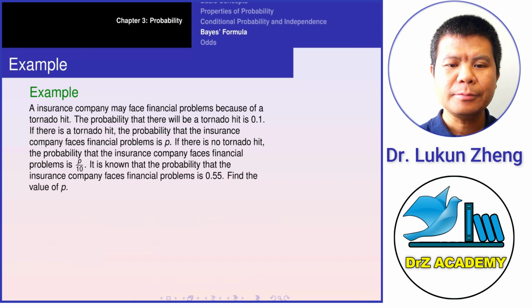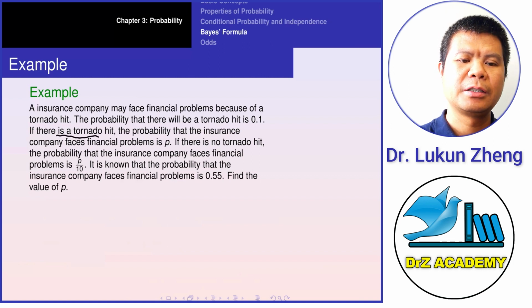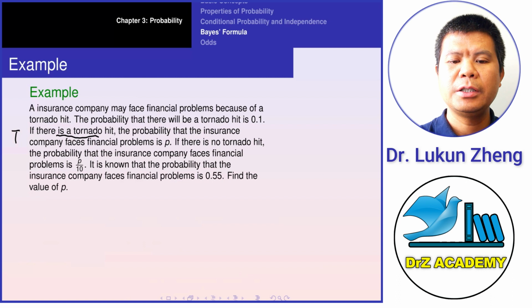Let's consider this. There is a tornado, say this is T. If there is no tornado, that's T complement.